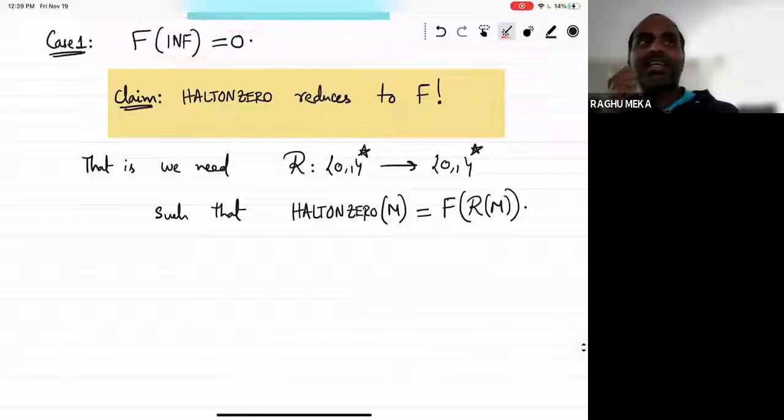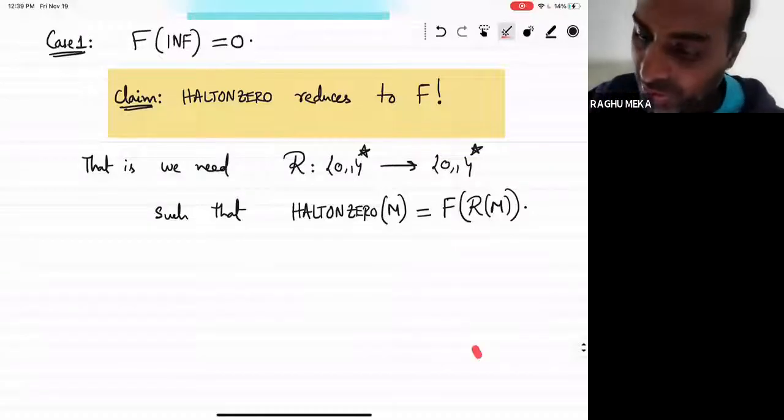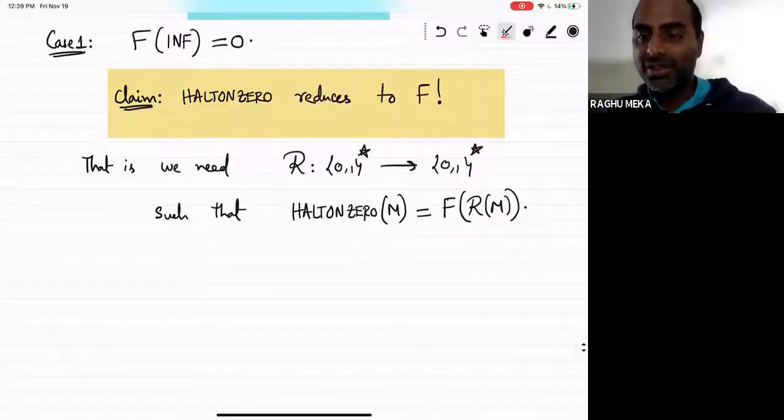Okay, can you give me some suggestions on how we might be able to come up with such a thing? How can I come up with this reduction? Right, so we need to come up with some R of M such that this equality holds for all machines.